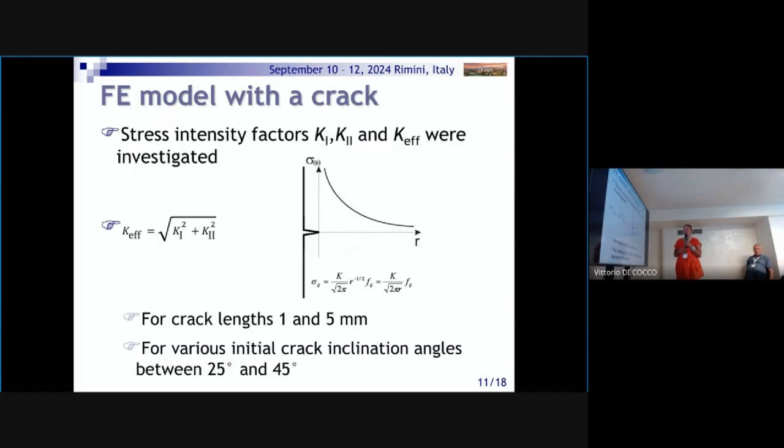And we calculated K1, K2 for loading 1, loading 2, and then we used this formula for calculation of the effect of both components. And we calculated the so-called K effective. This we have done for 2 crack lengths and several crack inclination angles.